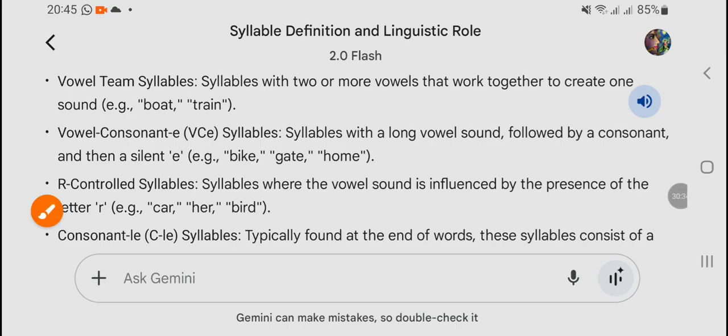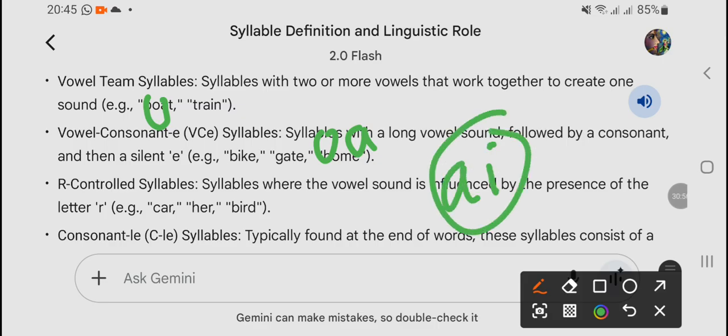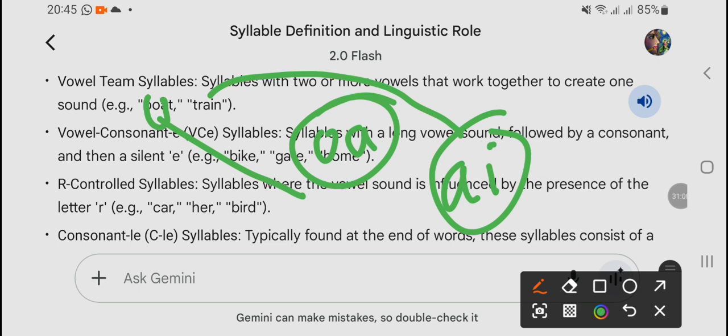For example, boat, train. In boat it's O and A, and in train it's A and I. In both cases, these vowels make one sound.